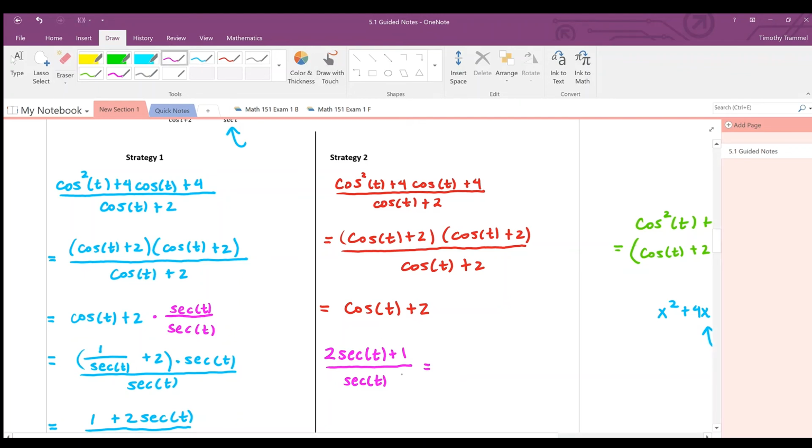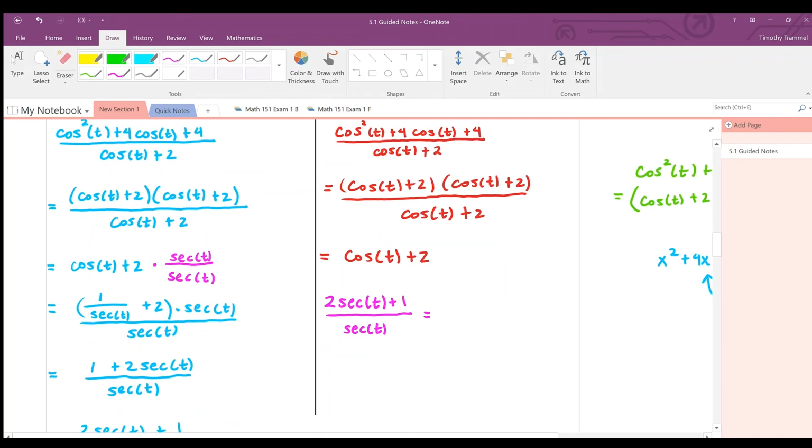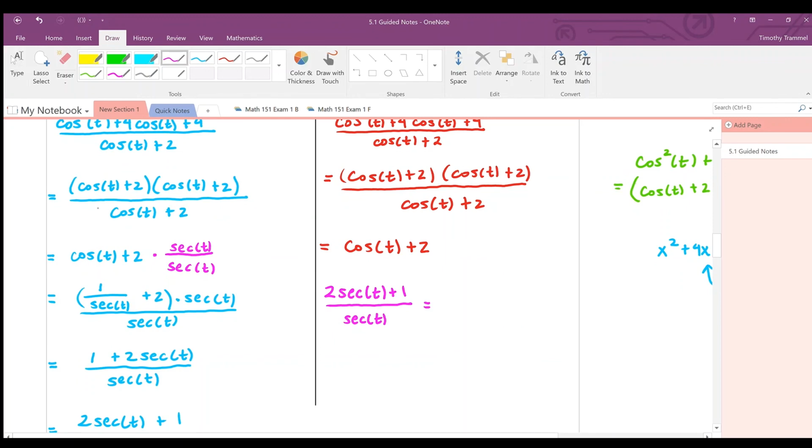Okay, so one common strategy when you do have a secant in your equation or a cosecant, it doesn't always work, is to just rewrite it in terms of sine and cosine. And actually the same thing could be said about tangent and cotangent.